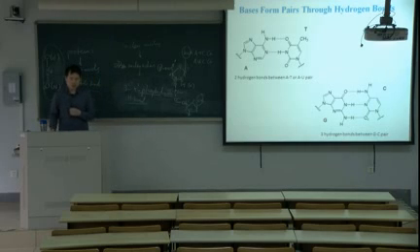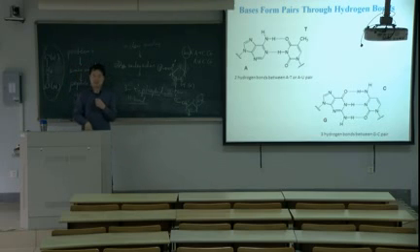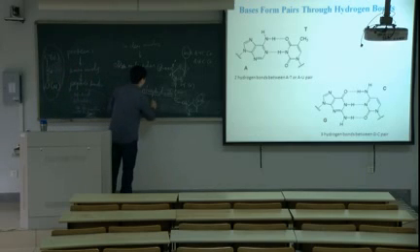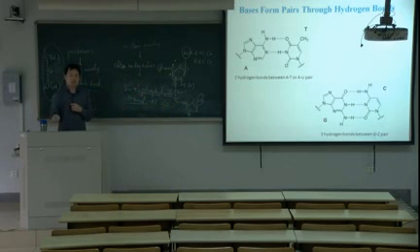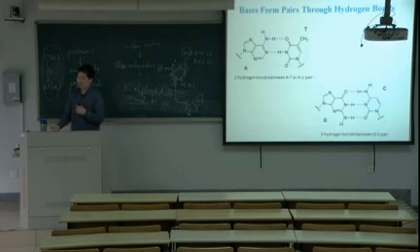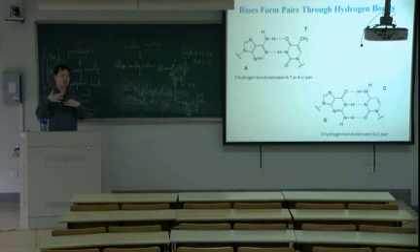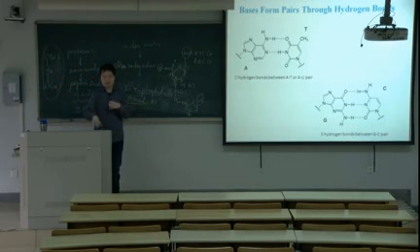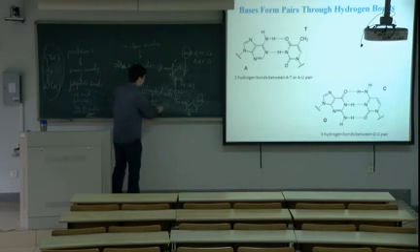So we say that A and T is a pair, and C and G is a pair, because their structures are, maybe by coincidence or maybe by luck, complementary to each other, so that when they are positioned like this, you can form 2 or 3 hydrogen bonds in between.